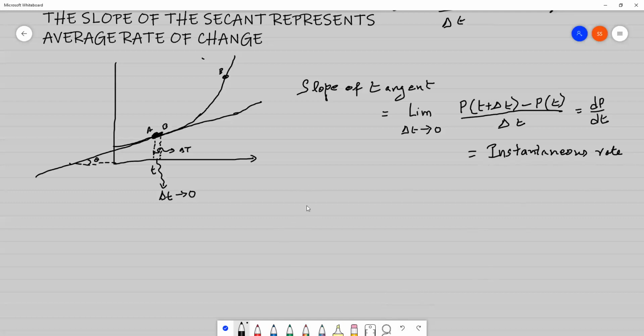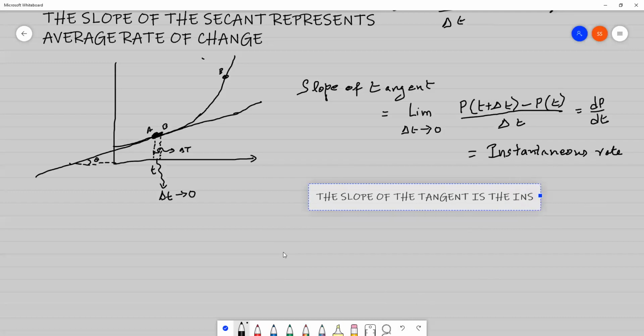What we conclude is that the slope of the tangent is the instantaneous change.